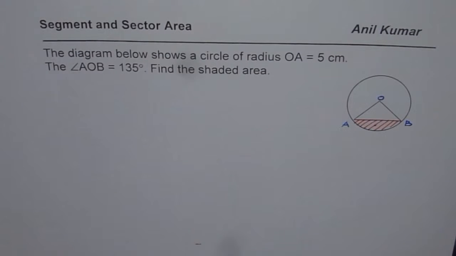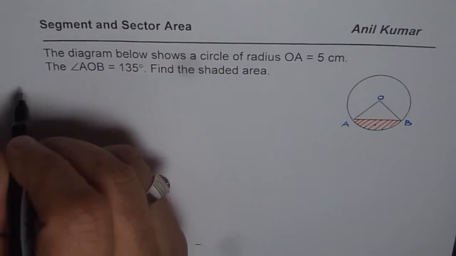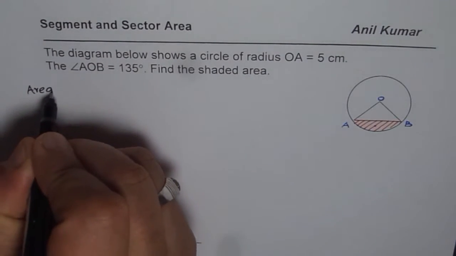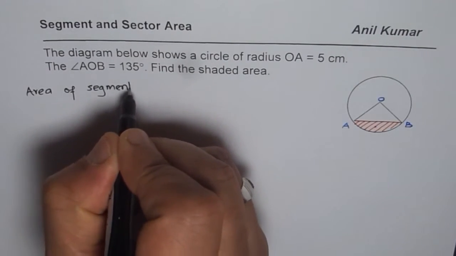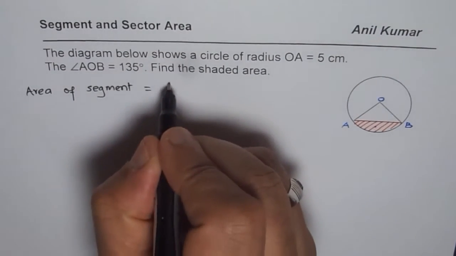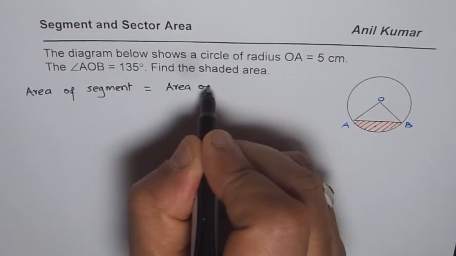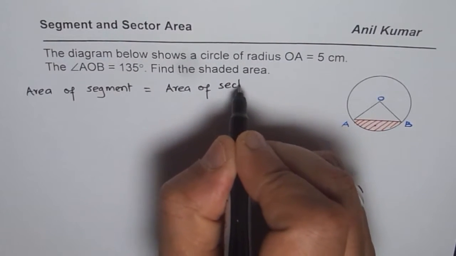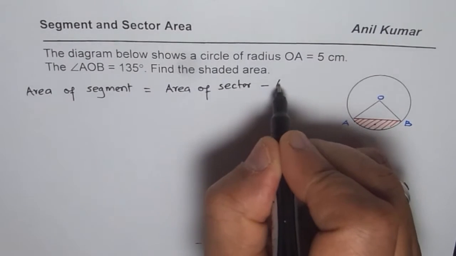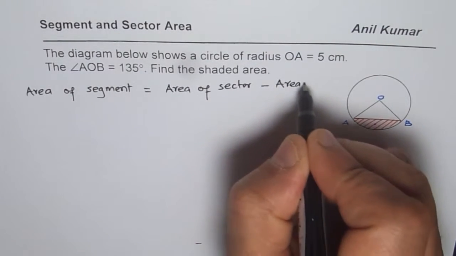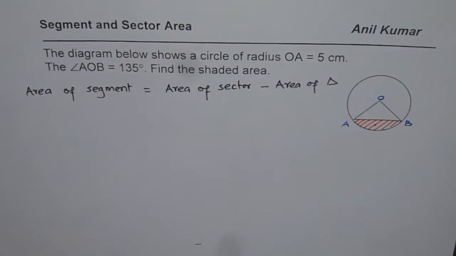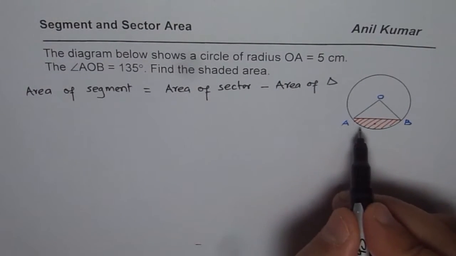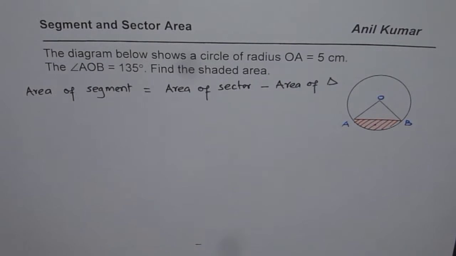The strategy here will be that area of segment is equal to area of sector minus area of triangle, right? So that is how you can find area of this segment. What we have to find first is the area of the whole sector.